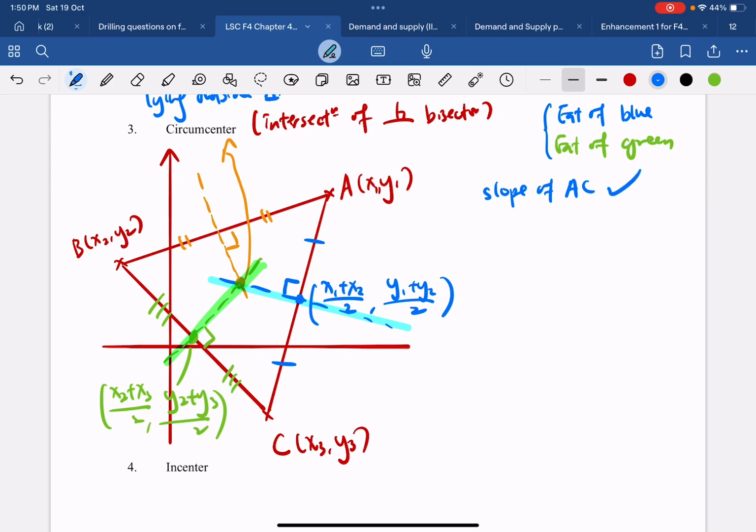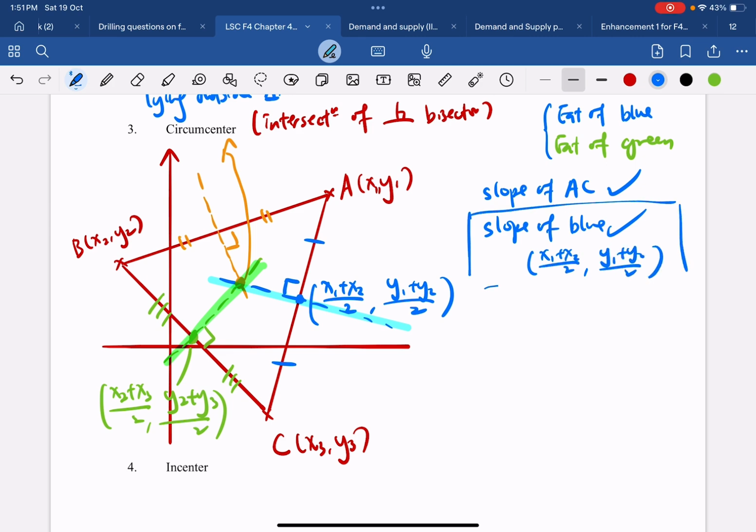Which means we also get the slope of the blue line, since the blue line is perpendicular to AC, right? And we also know that the blue line passes through the midpoint of AC. So we could use point slope form to determine the equation of the blue line.